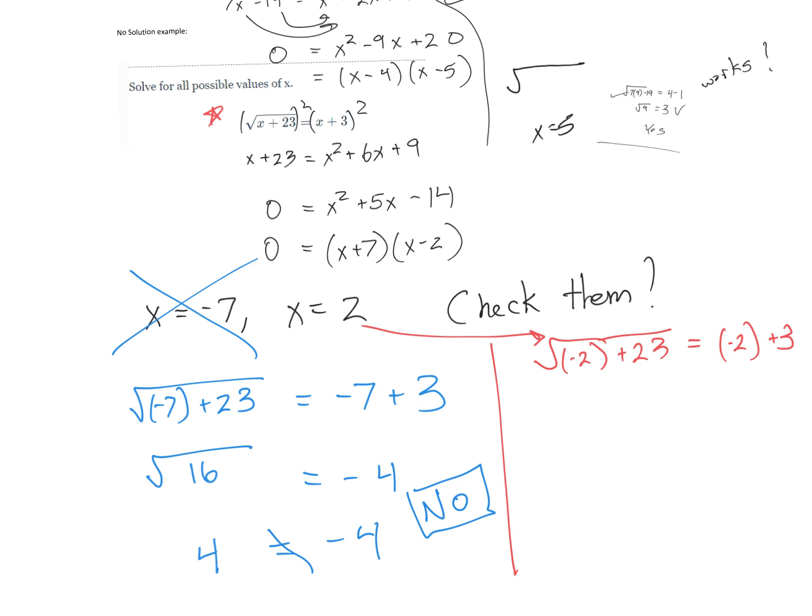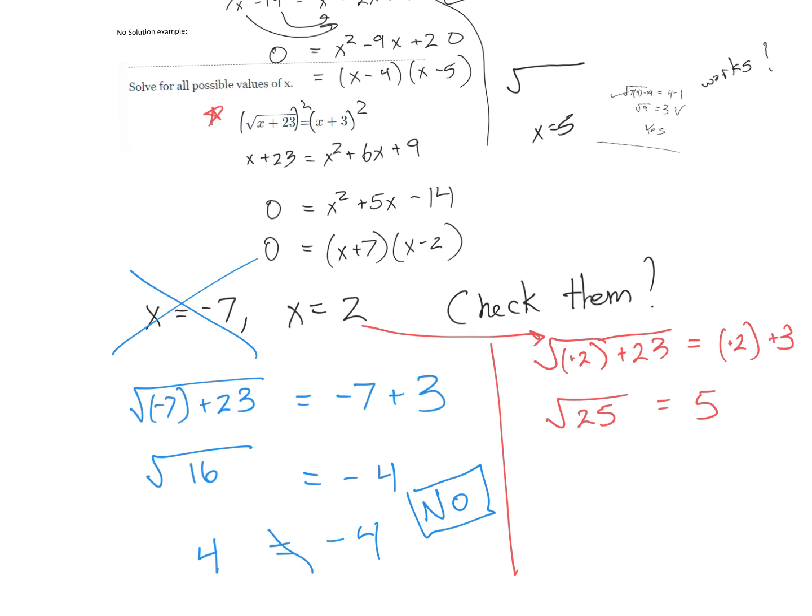Like the right side is going to be negative, left side is positive. Cannot happen. So square root of 21? No, it's not negative 2, it's positive 2, right? Positive 2. 25 square rooted. On the right, we got 1? No, again, positive 2.